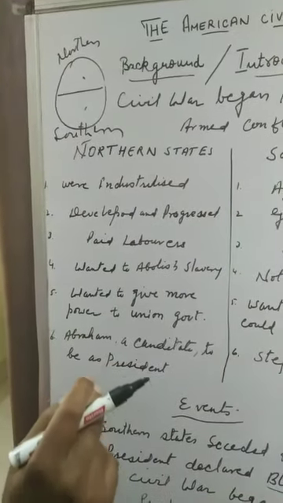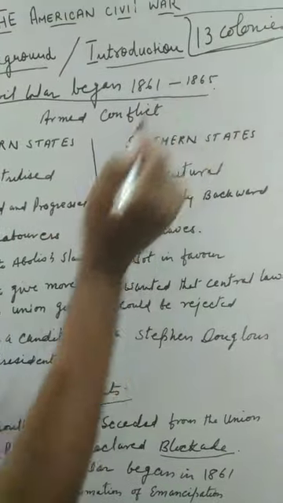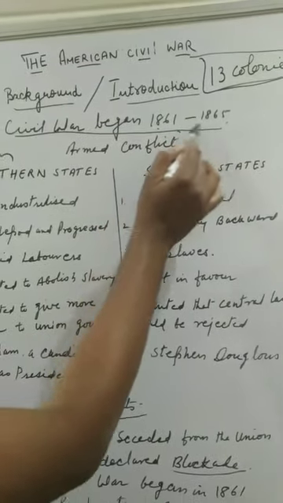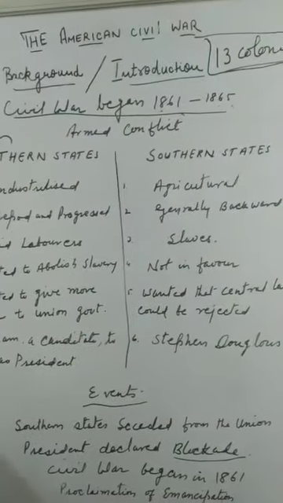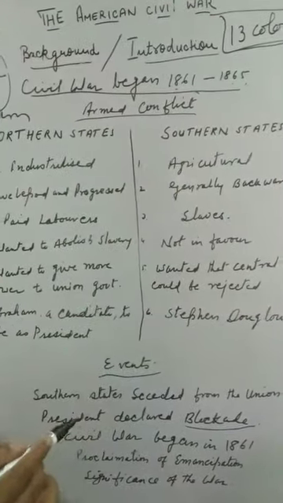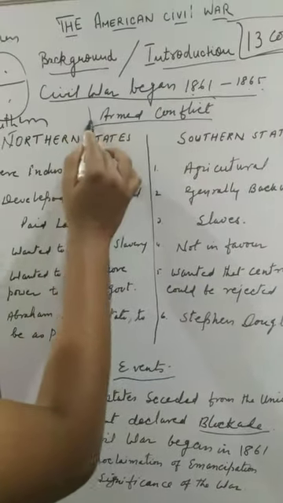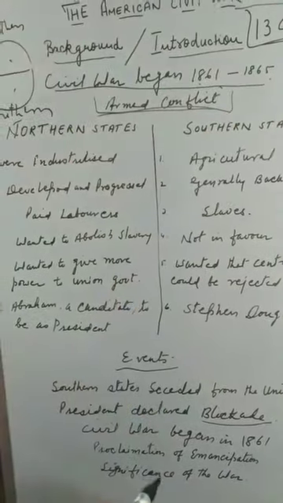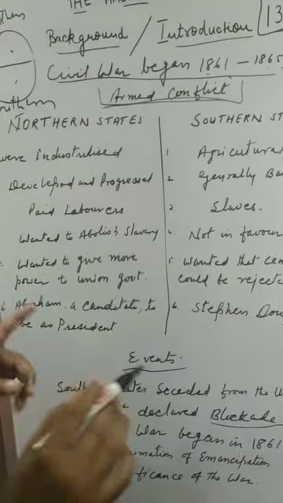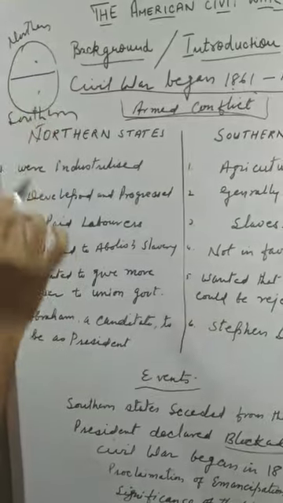Students, the Civil War began in 1861 and ended in 1865. This is called armed conflict. That means war took place between the southern states and the northern states.